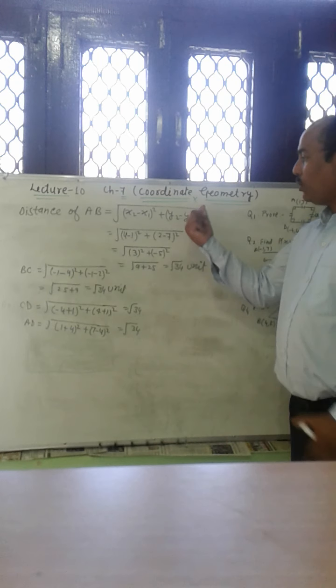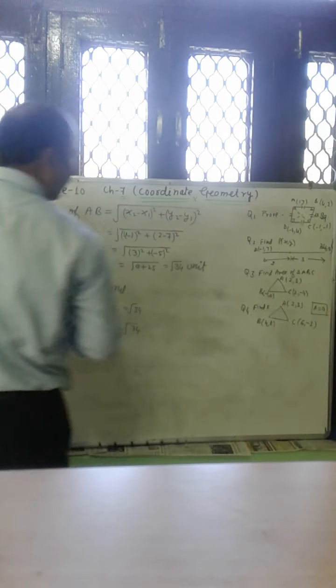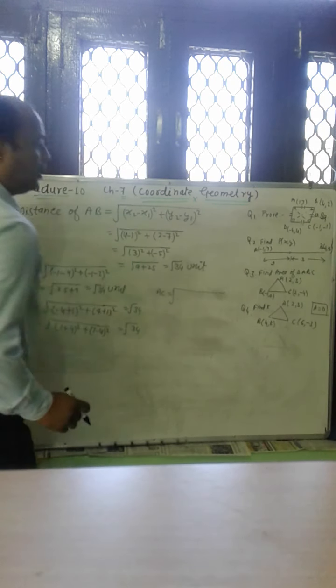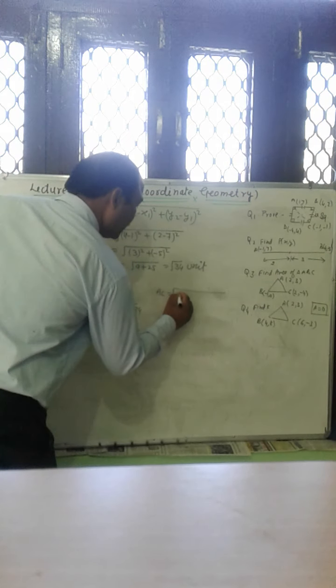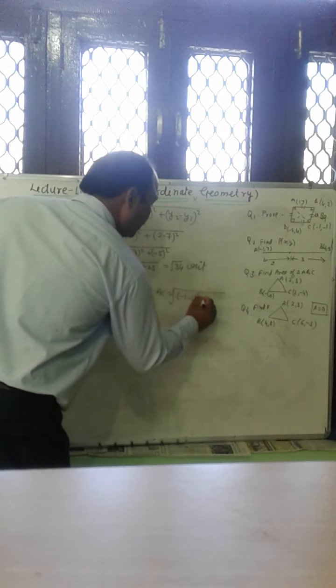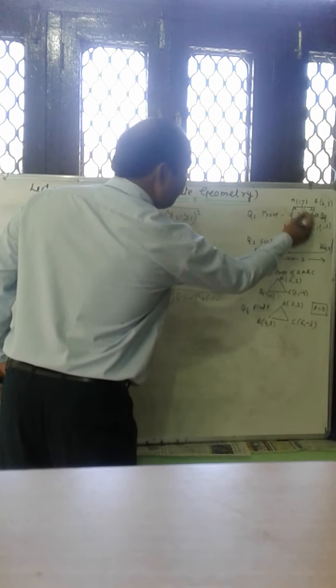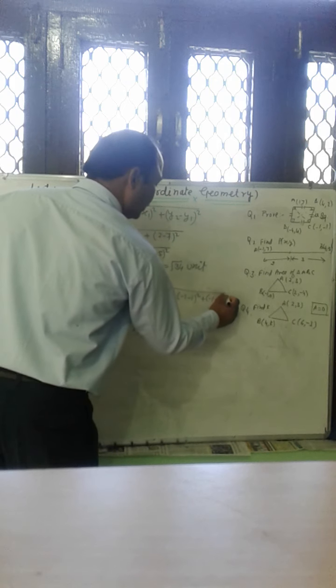But we want to prove this is a square, so we join these points, and there are two diagonals. Now AC, using the distance formula, is equal to the root of the sum of the squares of the differences.